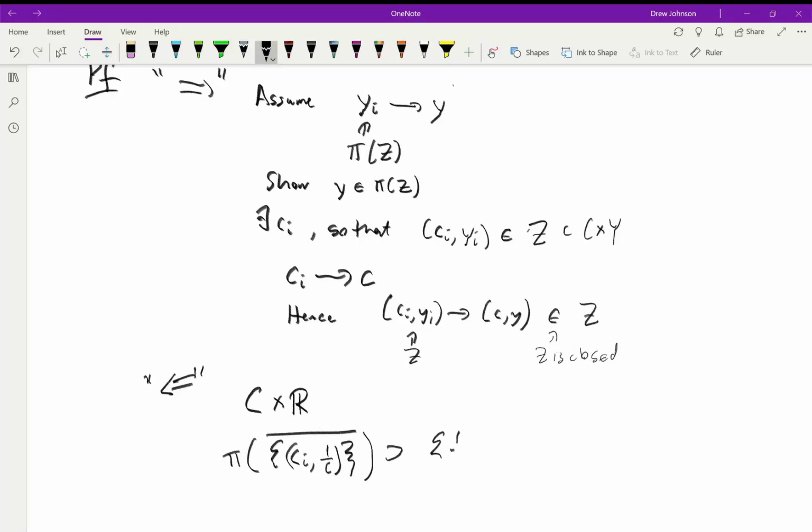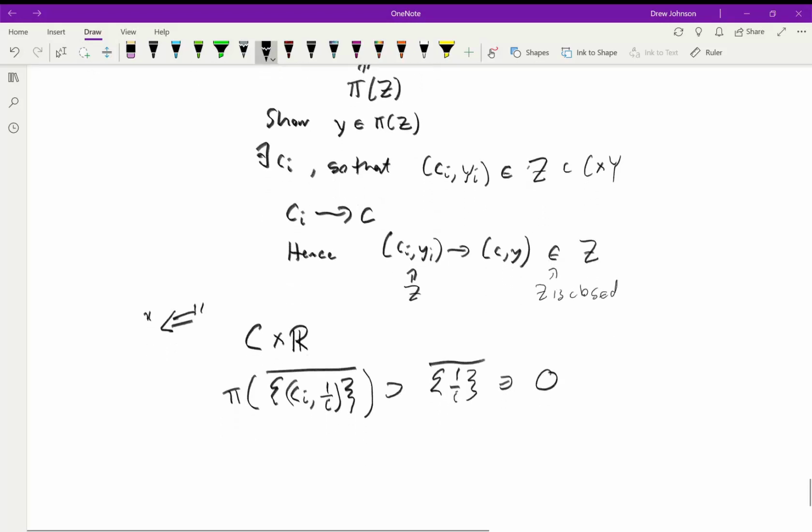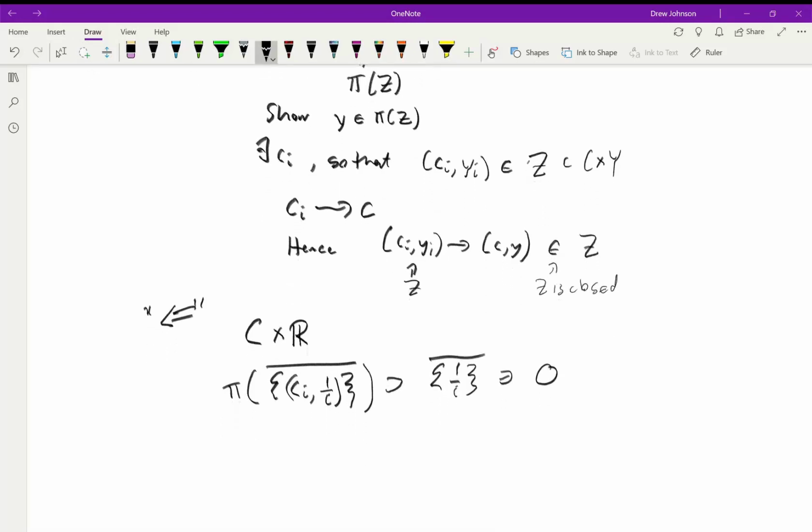Of course, the set of all 1 over i's is going to be contained in that image there. But we're assuming that pi is closed, so actually the closure is contained in there, which means that we have 0 in here. So 0 is in this image, which means that there exists some element (c, 0) in this closure.